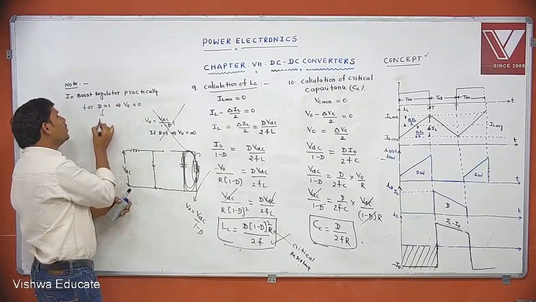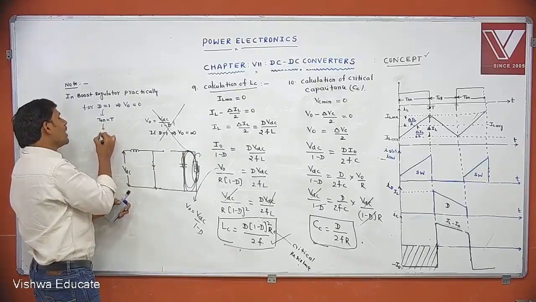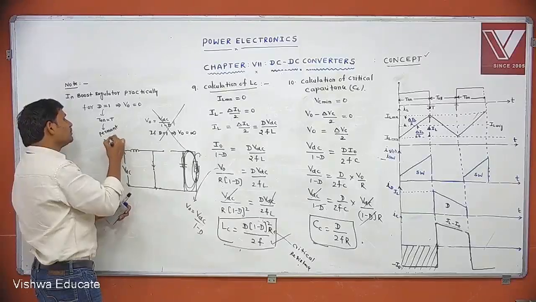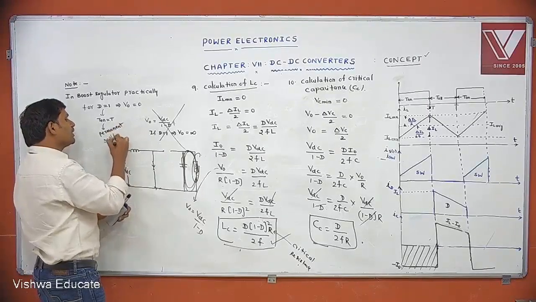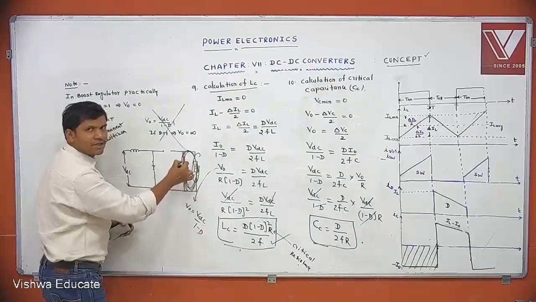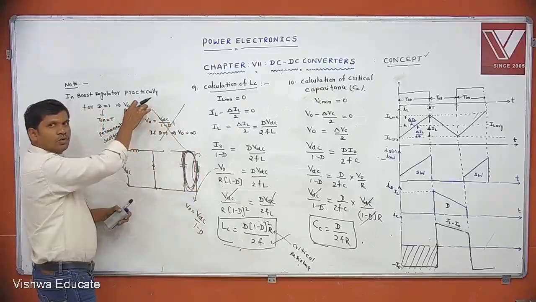That's the reason why, during the switch on state in the boost regulator, D equal to 1. What do you mean by D equal to 1? T on equal to T means permanent switch on. In a permanent switch on case, the capacitor always acts as a short circuit, so the voltage across the load is 0.